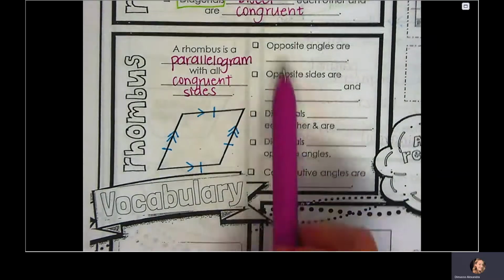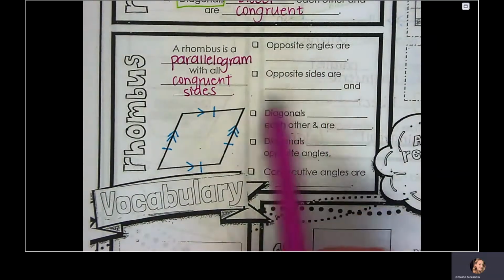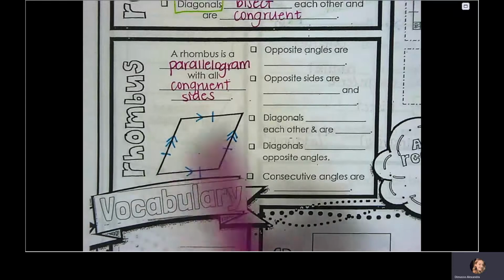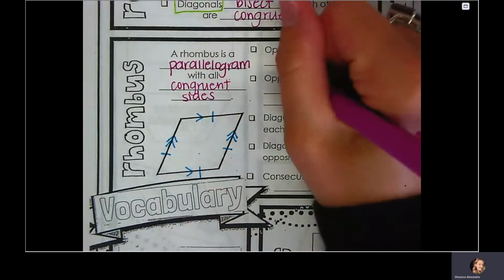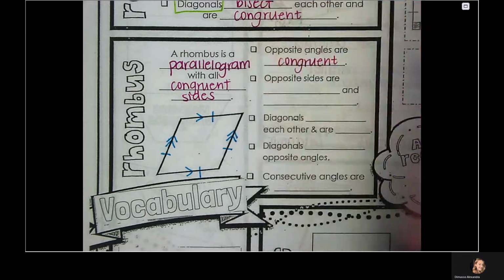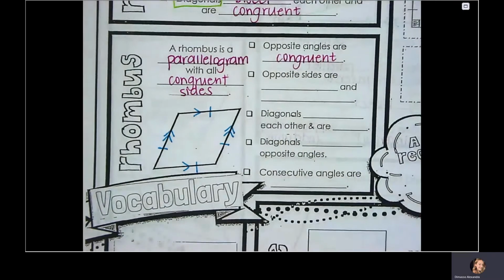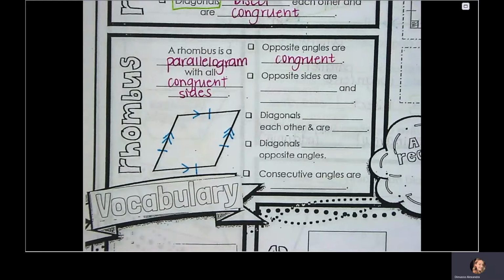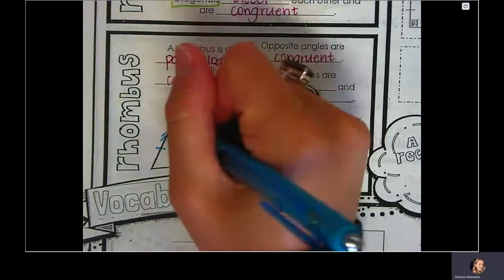Okay. Opposite angles, so angles that are directly across from each other, are congruent. What do I do to show that angles are congruent? What's the marking for it? Curved line, yep, curved or arc.